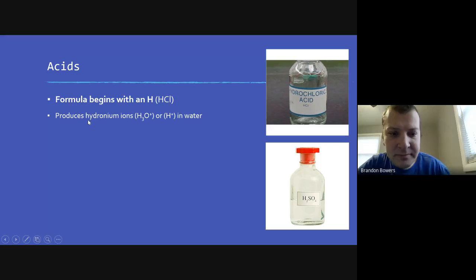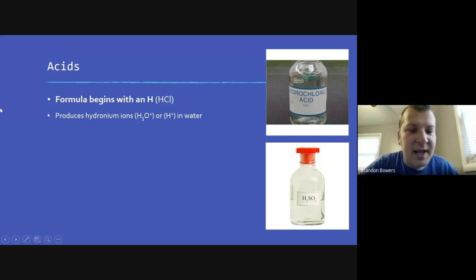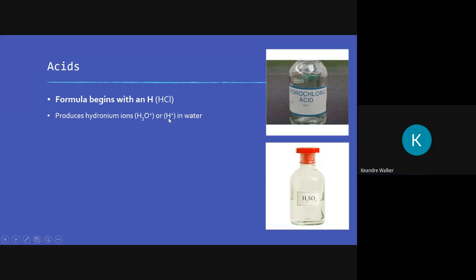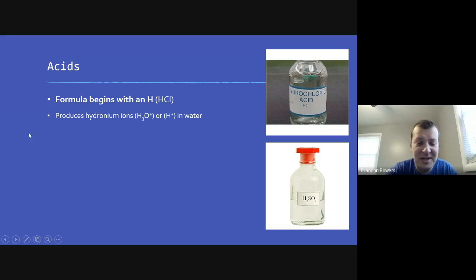In addition, they produce hydronium ions. So they produce H3O or H+. Those two are the same thing. Okay. All right, so someone's microphone's on. Might want to turn that off.